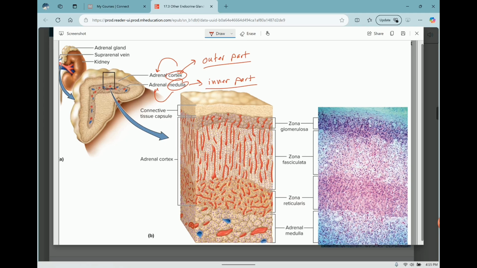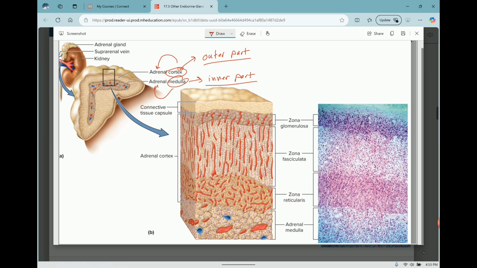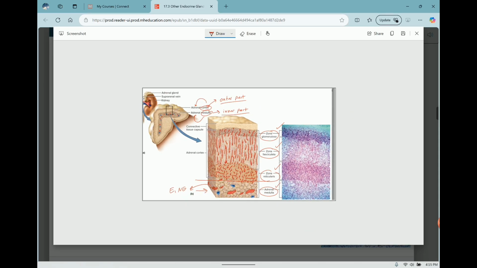So the adrenal cortex is composed of 3 zones called the zona glomerulosa, fasciculata, and reticularis. And then the medulla part is where you're going to find the release of epinephrine and norepinephrine. Okay, I'll talk about that in that subsequent video. So make sure you look at that and what hormones each zone releases and those functions.